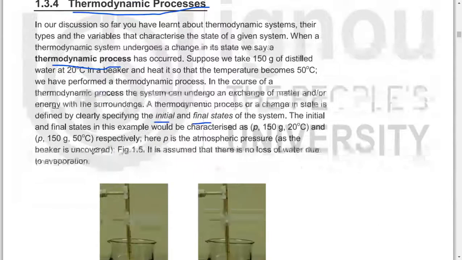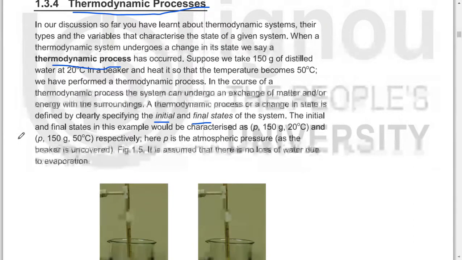The initial and final states in the example would be characterized as P, 150 gram, 20 degrees Celsius and P, 150 gram, 50 degrees Celsius respectively. Here P is the atmospheric pressure. As the beaker is uncovered, it is assumed that there is no loss of water due to evaporation.